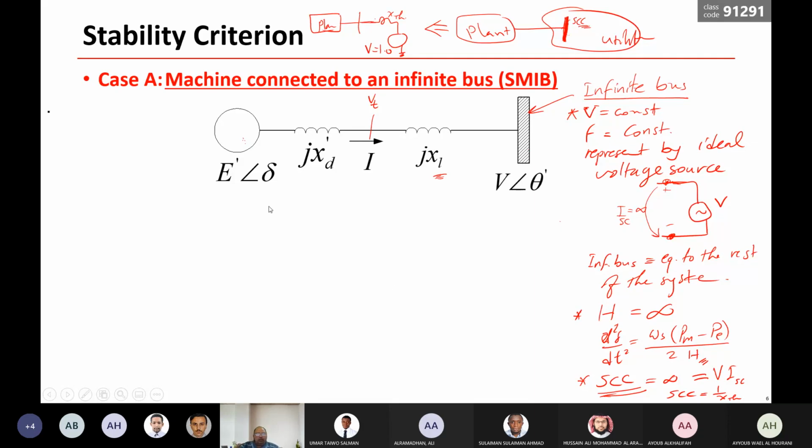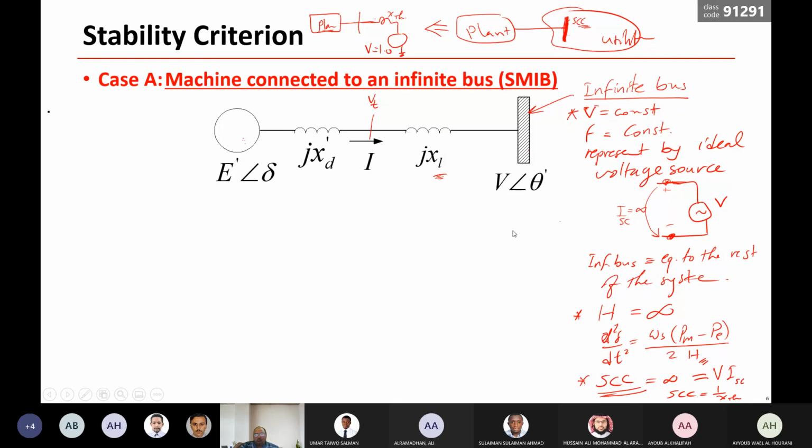Assume that we have here a voltage source, which is one machine connected to an infinite bus. The infinite bus you can assume as your reference, or you can have your reference as something else. Maybe the terminal voltage can be considered as the reference. In this case, the V bus has an angle or phase shift theta prime.